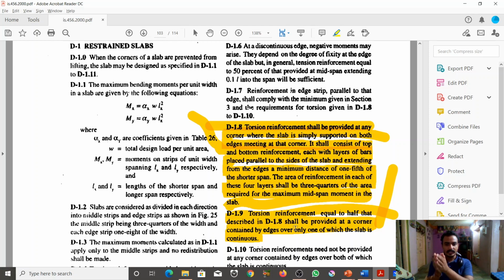So this is the reinforcement area required for the torsion reinforcement.